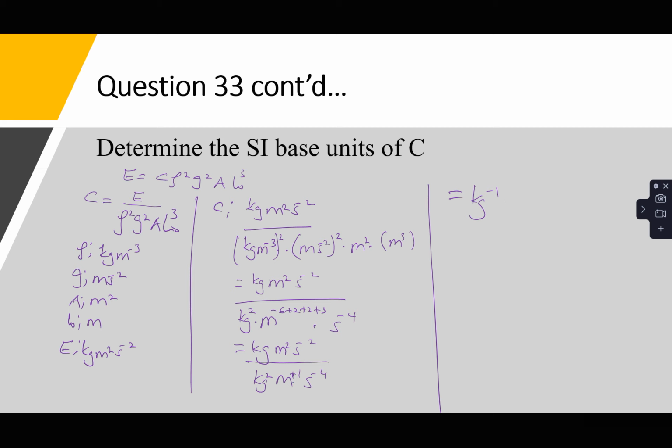M power 2 divided by m power 1 becomes m. S power negative 2 divided by S power negative 4, we subtract the powers, negative 2 minus negative 4, which becomes S power 2. So this will be the base units of C. All you need to be careful with is the algebra. There's nothing complicated here.